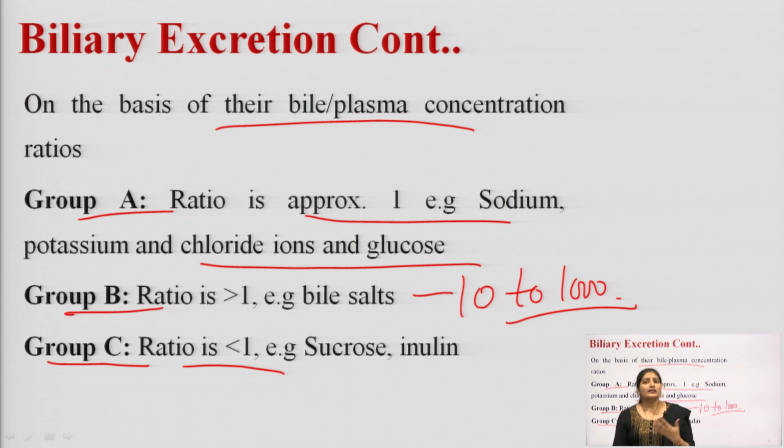Now, there are several factors that can influence the secretion of drug in the bile. As I explained in the last lecture about the factors affecting renal excretion of drug, or the factors affecting the secretion of drug through the kidney, there are also certain factors involved in the excretion of drug in the bile.